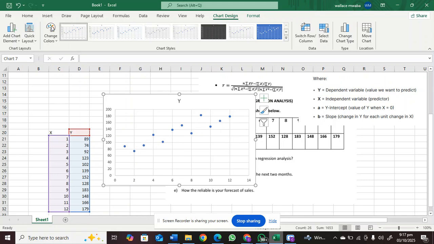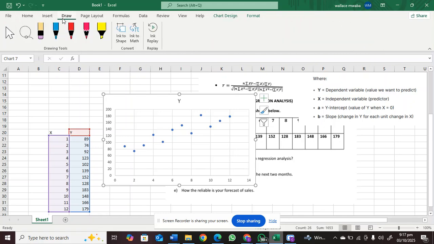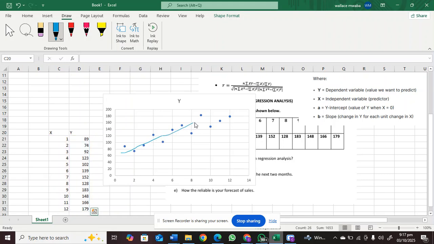If you draw a straight line here like this, it's like we've got some form of positive relationship, meaning when the months are increasing, also the sales are increasing. That's the visual relationship we can see between the month and the sales. Remember, sales is on the y-axis, it's the dependent variable, dependent on the months, which is your x variable.